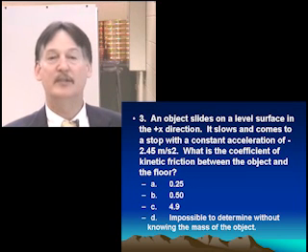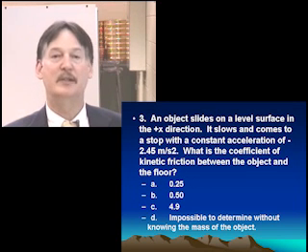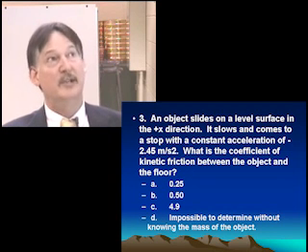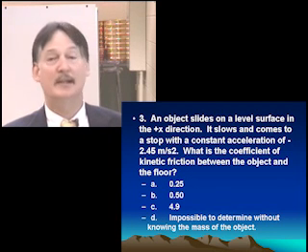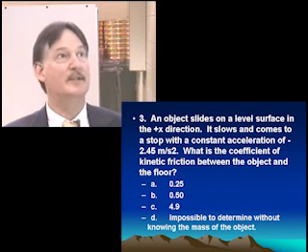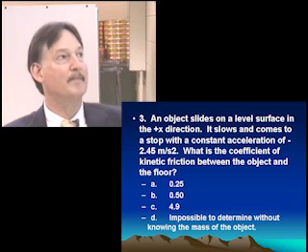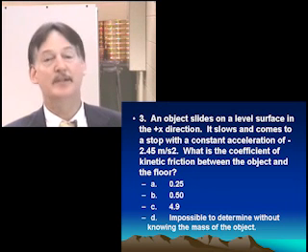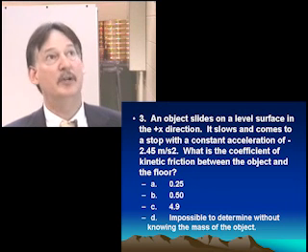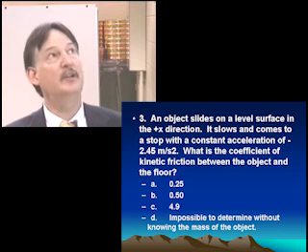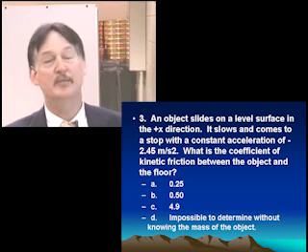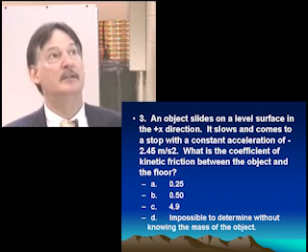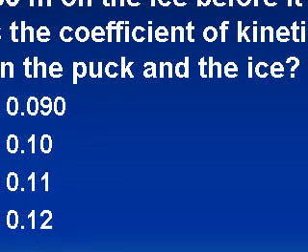And you can calculate the coefficient of friction based on knowing the acceleration of the object and the idea that it comes to rest. Same thing here. This is a situation where a puck has an initial velocity. It travels a certain distance, comes to a stop. And we can calculate the coefficient of friction that's acting on the puck.